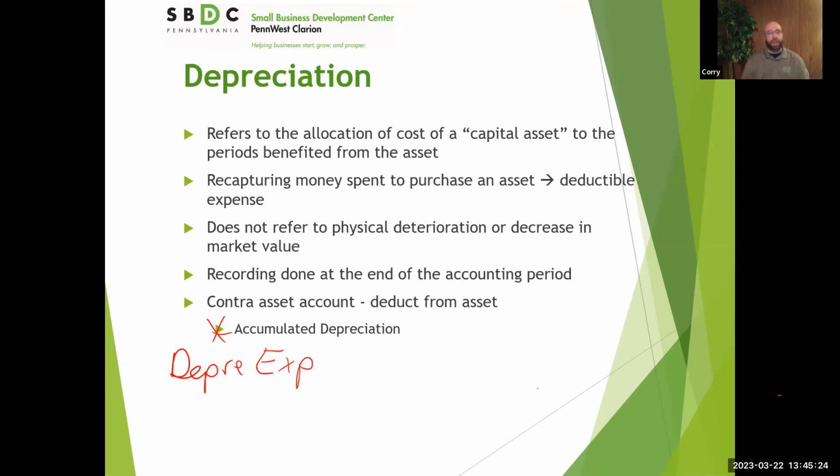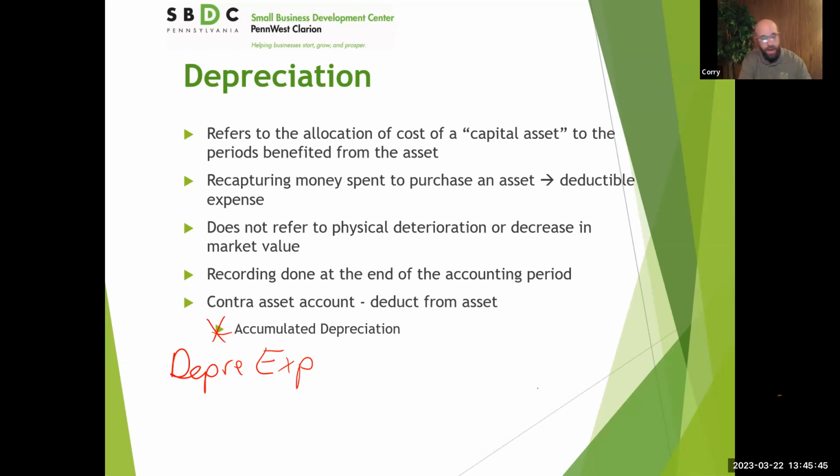But here's the thing. If you have an asset of that equipment that has a value of $10,000, you're not subtracting away from that number per se. There is this accumulated depreciation account below it that subtracts away. Let me show you, because I don't think I have it in the PowerPoint here.